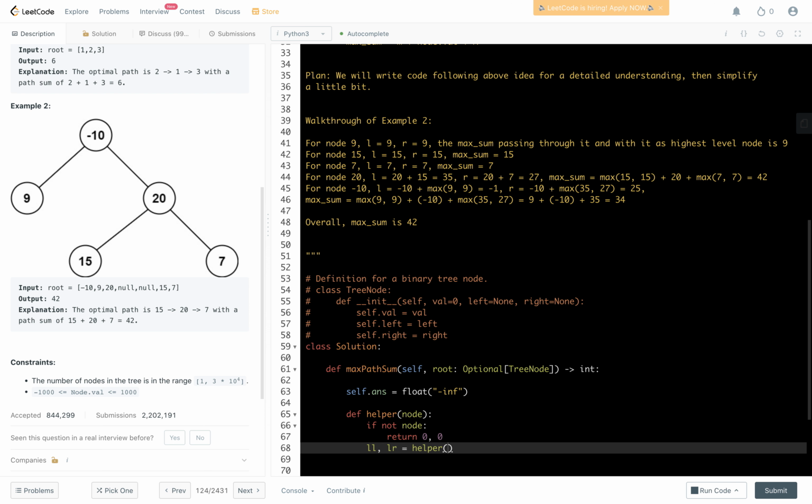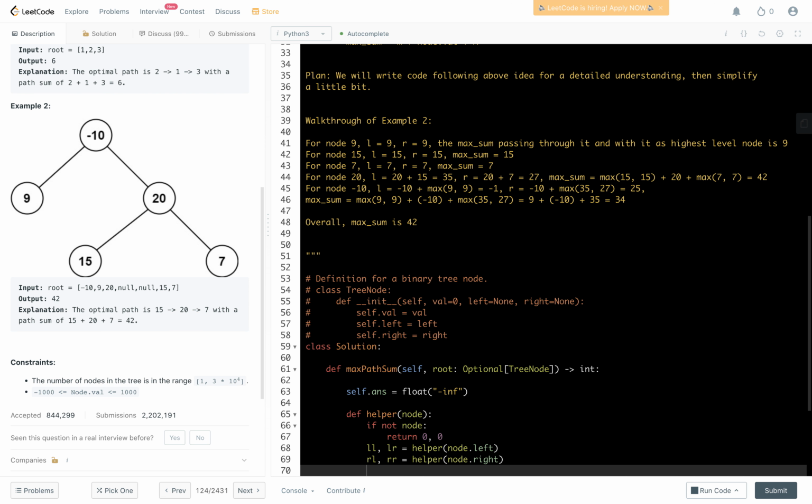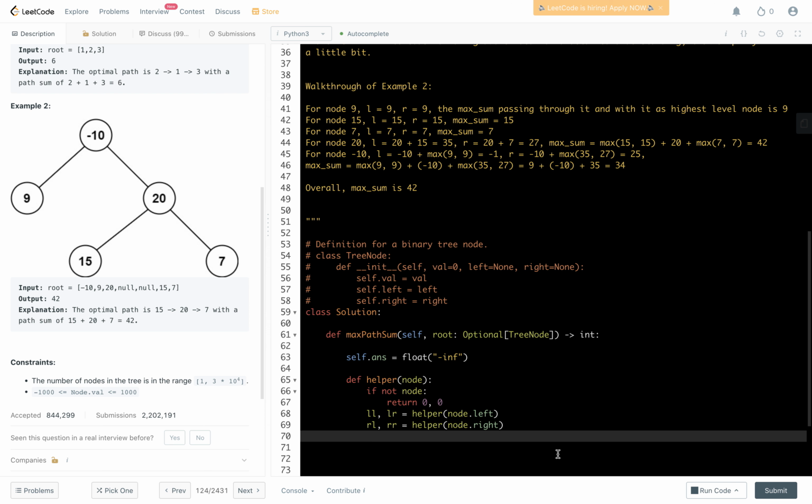Next we're going to first gather the information for the left subtree and right subtree. Here is a recursion function call, or self call, on node left. Then we're going to get the information for the right subtree, that is node right. With these two sets of information, we can get the information for the node itself.